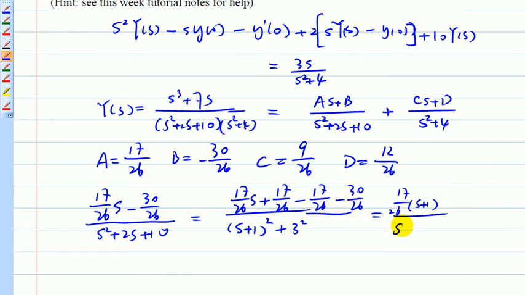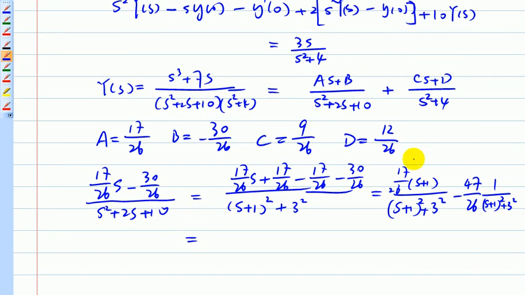So I can separate this term into two parts. That's 47 over 26 times 1 over (s plus 1) squared plus 3 squared. Now if you take the inverse Laplace transform of this term, you'll be able to get it because you already have that format in your table.